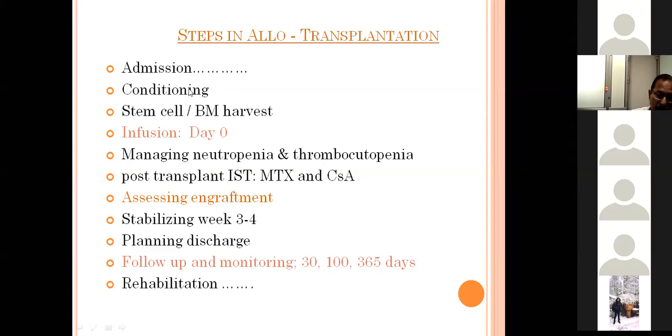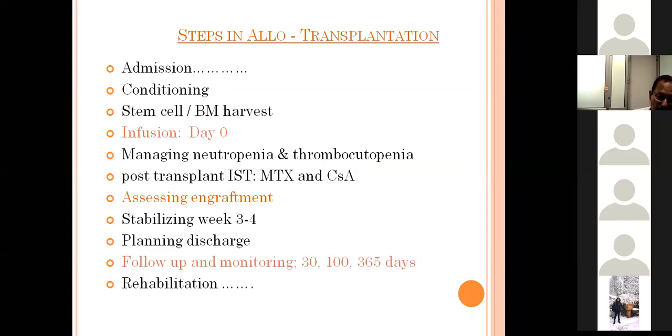Conditioning is the process of giving treatment, chemotherapies plus minus radiotherapy, so that the disease is completely eradicated and the patient is fully ready to accept these outside stem cells.